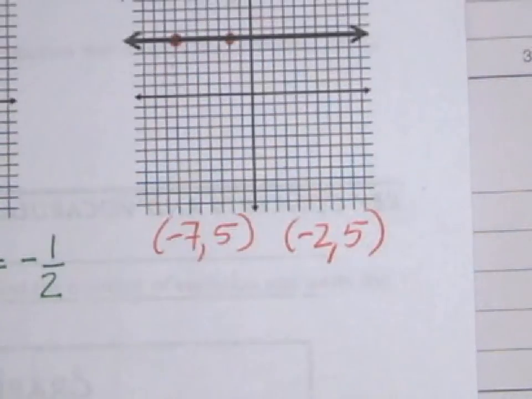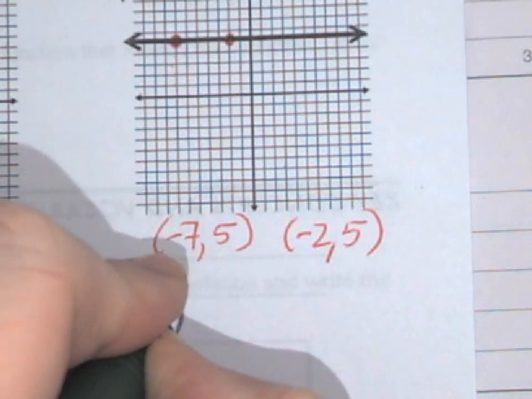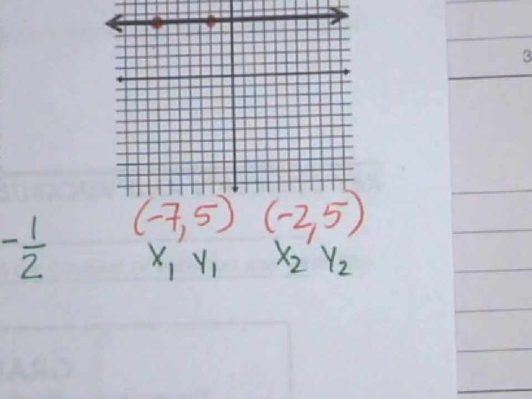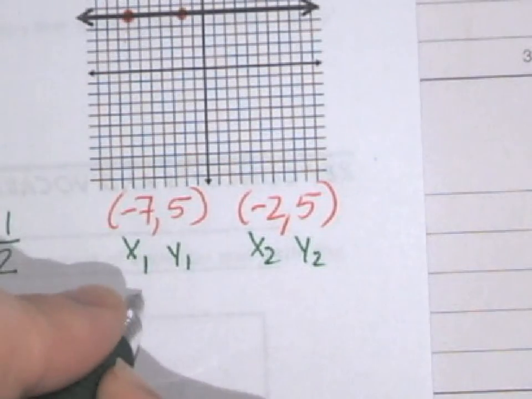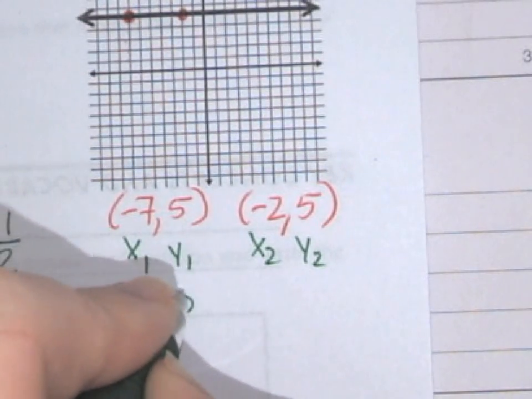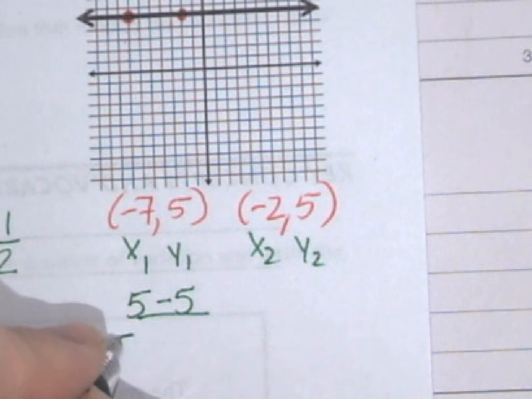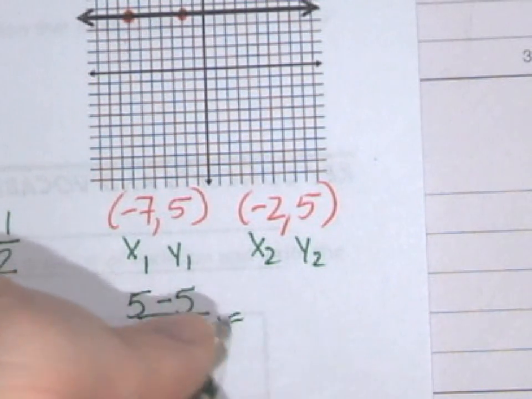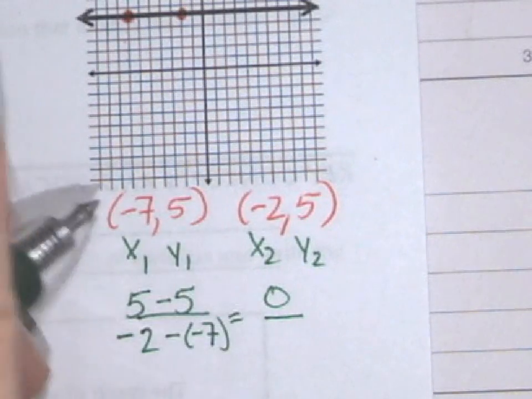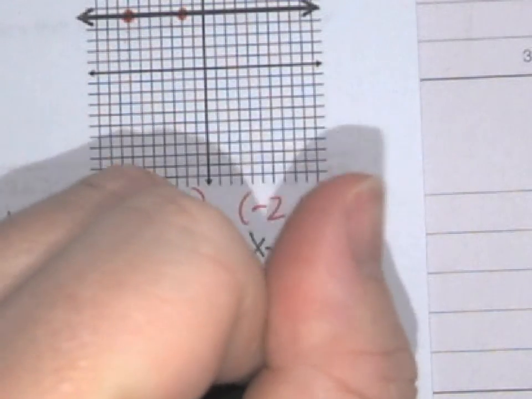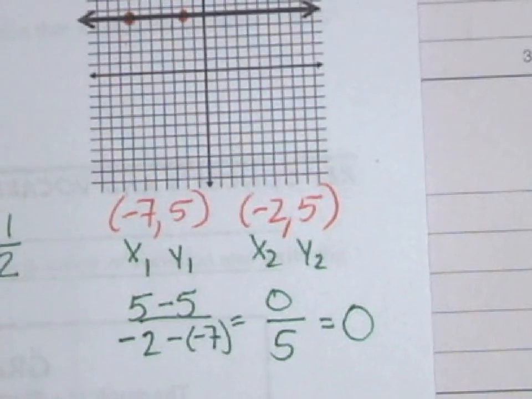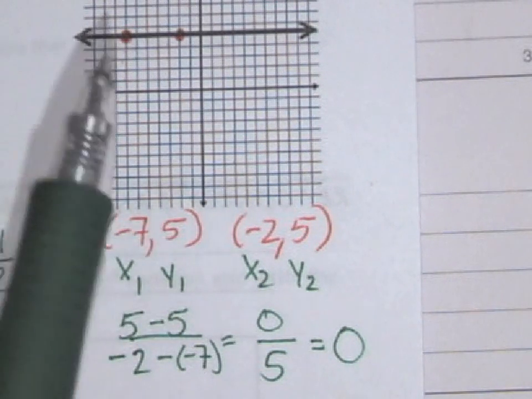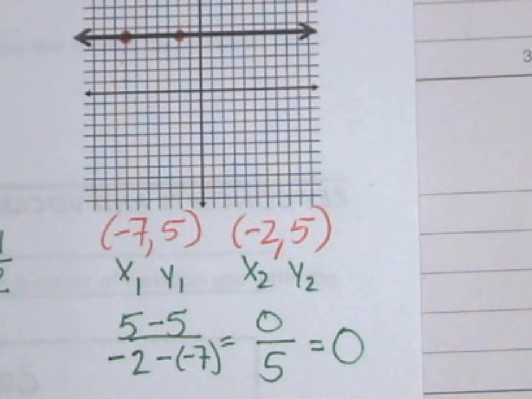So when we use our formula, we get 5 minus 5 over negative 2 minus negative 7, which is 0 over 5, or 0. If you have a slope of 0, you have a horizontal line. Or if you have a horizontal line, your slope value will be 0.